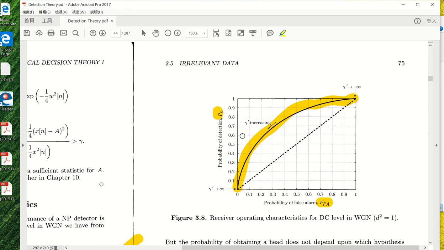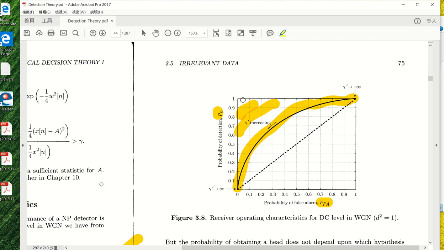If it goes up here and here, it's better, right? The optimal detector will be something like it goes from here up to here and then goes to here. Why? Because you like PFA to be 0, PD to be 1. That would be perfect.